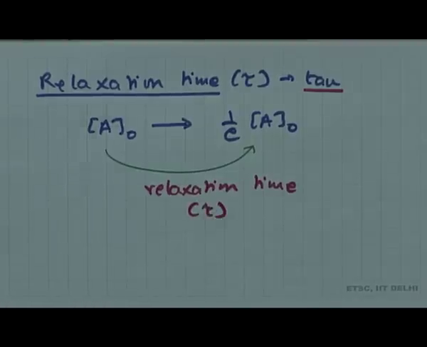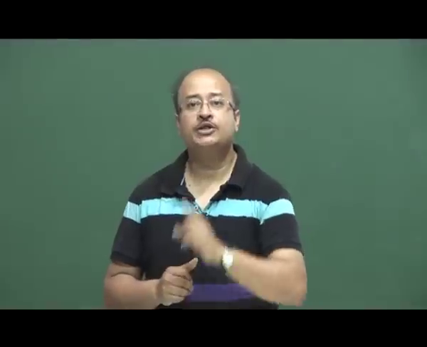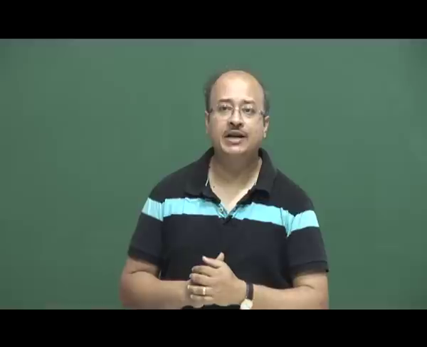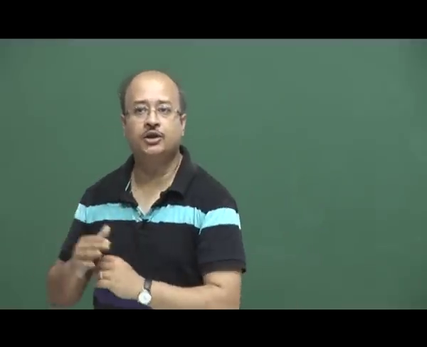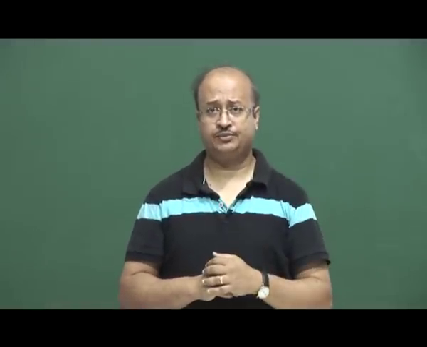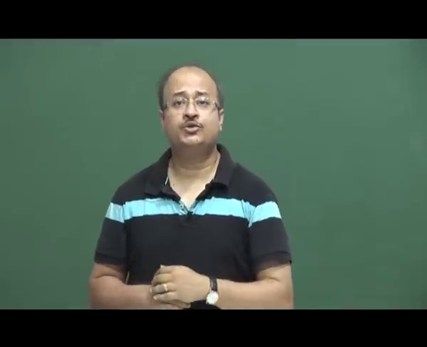What was t half? T half was the time it takes to decrease to half of its original value, that is half A0. So the relaxation time is the time it takes to reach a concentration which is 1 by e of its original value.